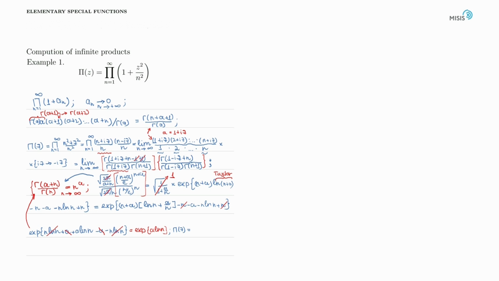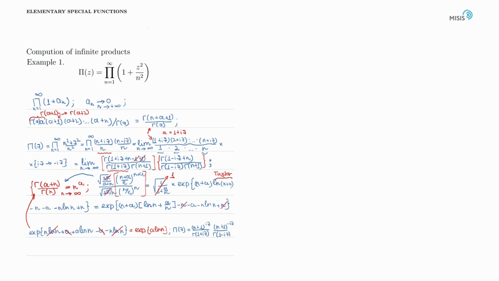So we substitute, instead of the ratio of gamma functions, n plus 1 to the power iz divided by the gamma function of 1 plus iz. So this is the first fraction, and the second one will give us n plus 1 to the power minus iz divided by the gamma function of 1 minus iz.